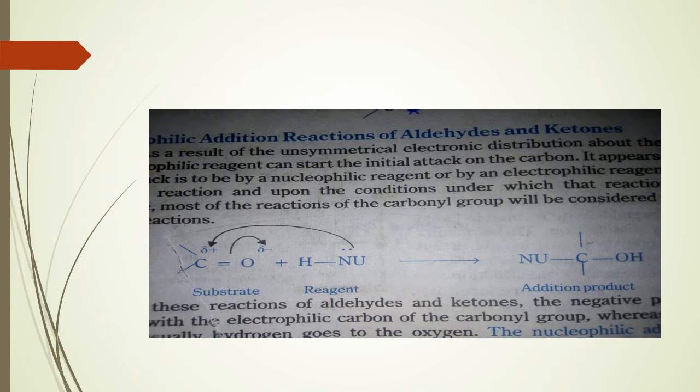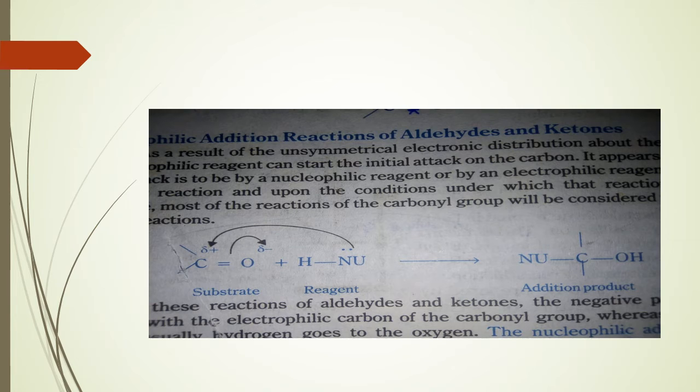Nucleophilic addition reaction. Look at the slide, look at the screen. Nucleophilic addition reactions. Why does it show the addition of a nucleophile? Because the nucleophile in this case is added to the electrophilic carbon. Which one is the electrophilic carbon?